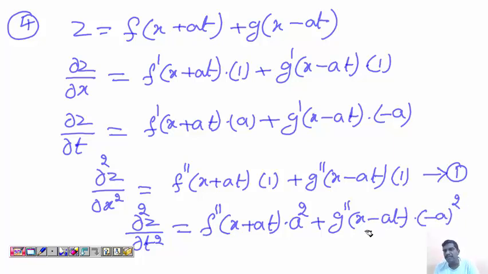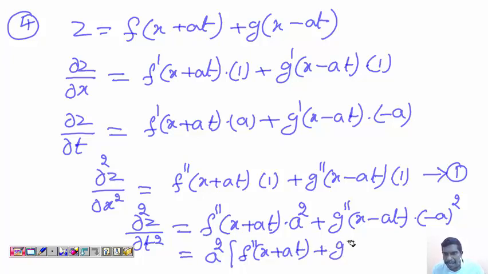Once again, minus a will come after differentiating the x minus at. Now this can be written here. This is a square times (f double dash of (x plus at) plus g double dash of (x minus at)). Now you call it equation number 2.